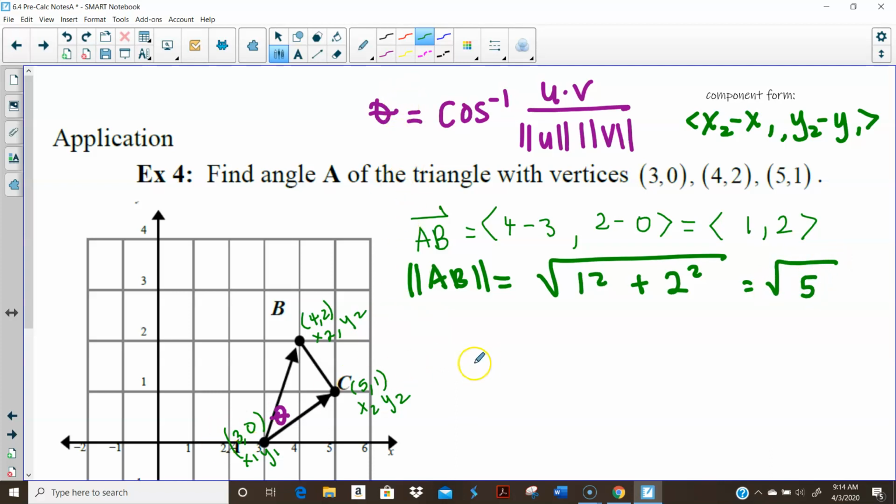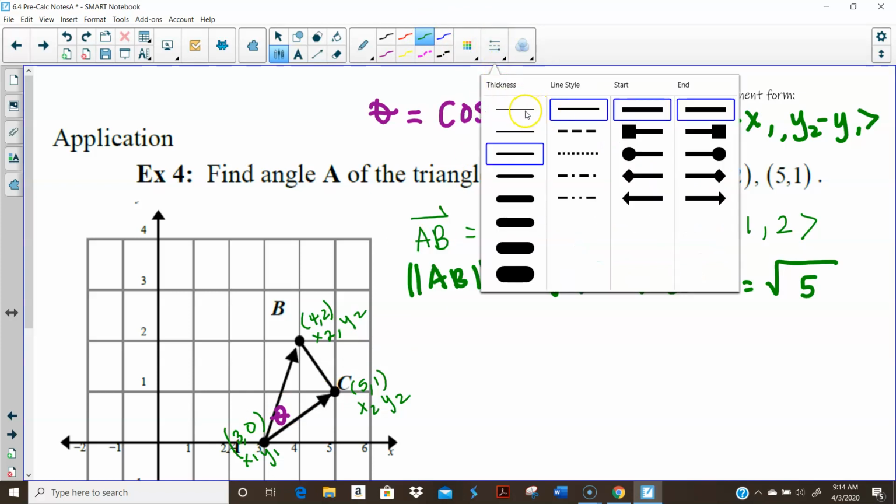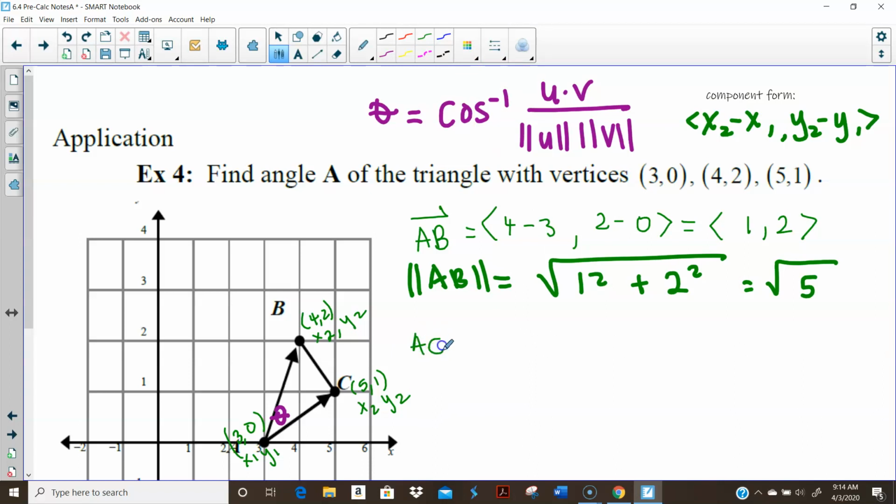Now we're going to find the component form of vector AC. We're going to do the same thing we did to find the component form of vector AB. We're going to do x2 subtract x1, so 5 subtract 3, and then y2, which is 1, subtract 0.